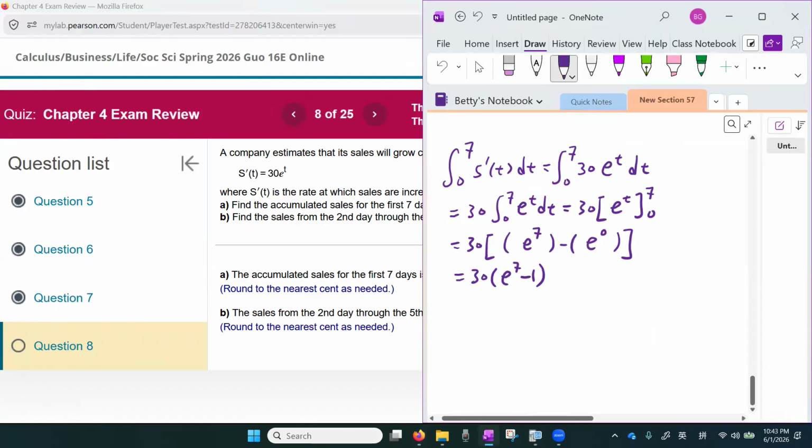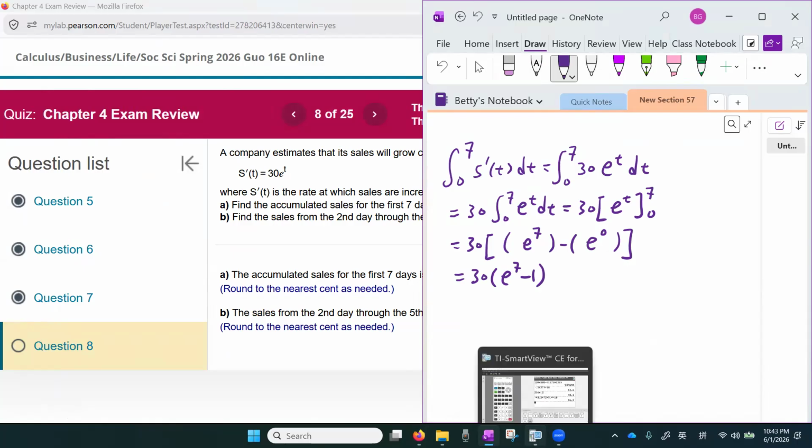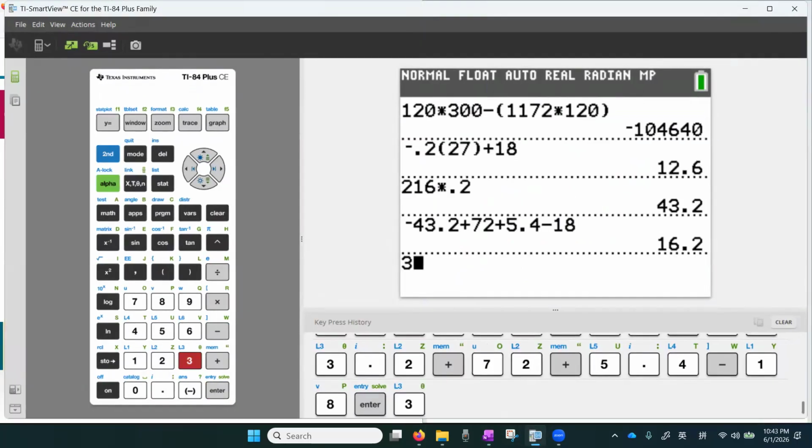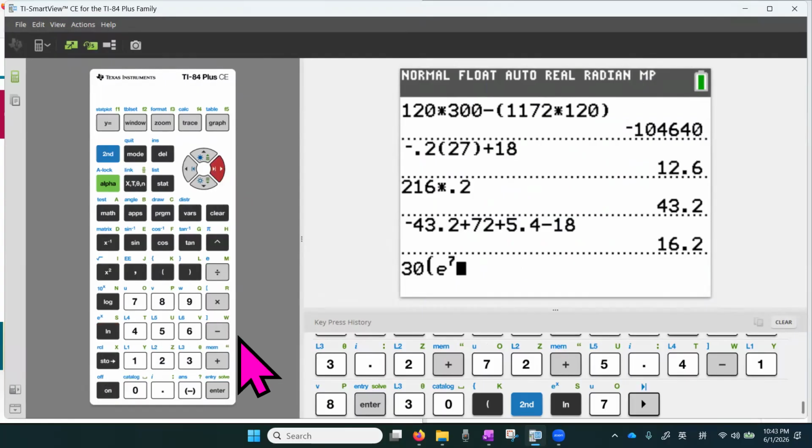We need to find the value of 30 times e to the power 7 minus 1.